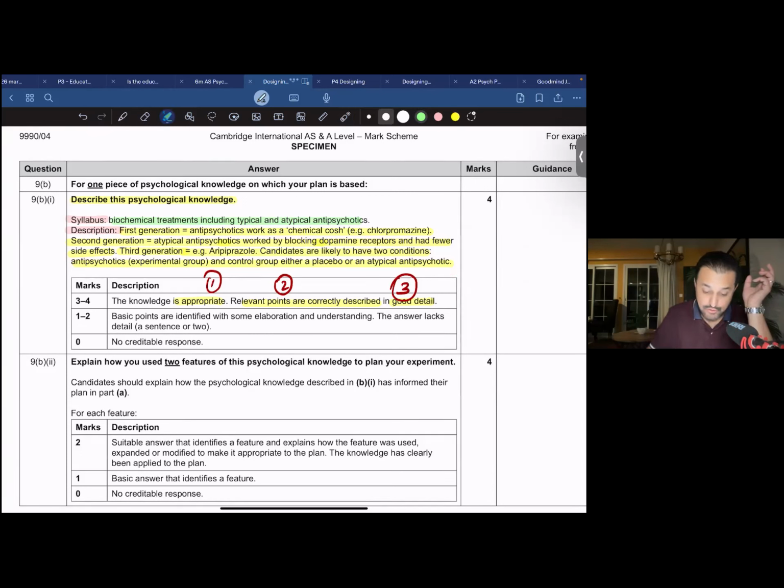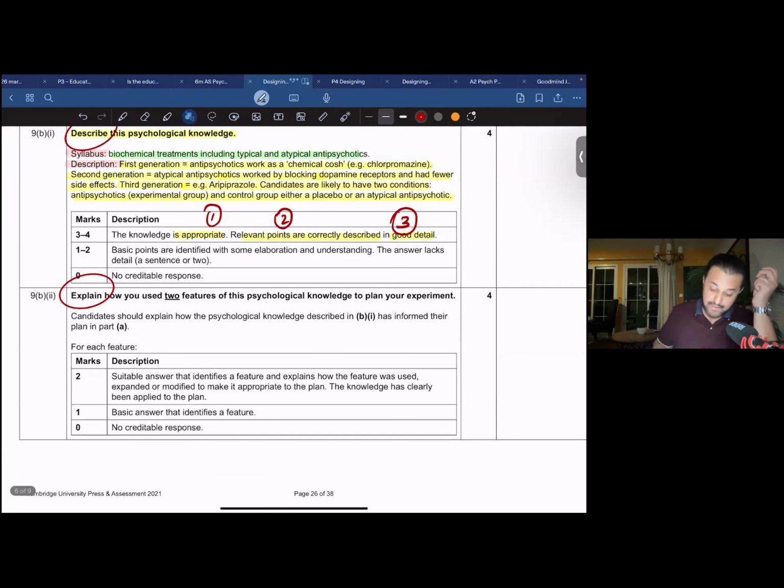Do not miss on this first. What word do we use for this? The command word, right? The examiner refers to this as the command word. Do not miss on this command word. If they're asking you to describe, you describe. If they're asking you to explain, you explain, right? Now, this is a 4-mark question again that says explain how you used two features of the psychological knowledge to plan your experiment.